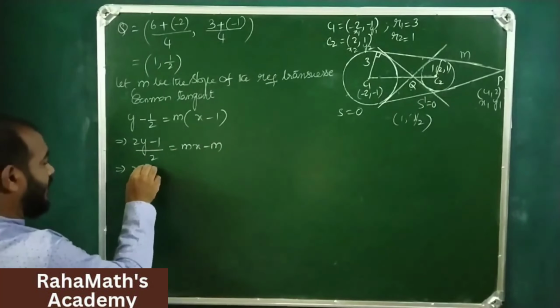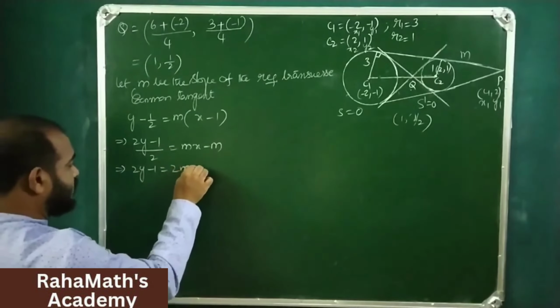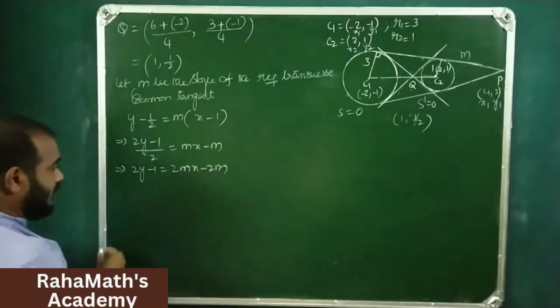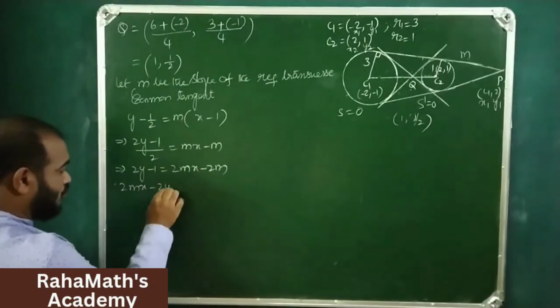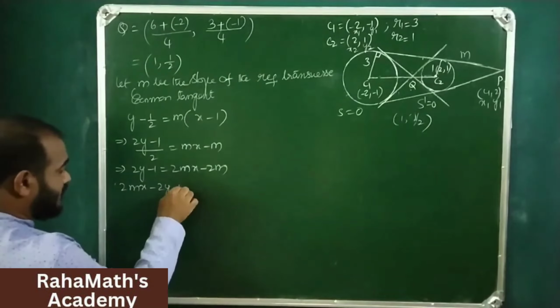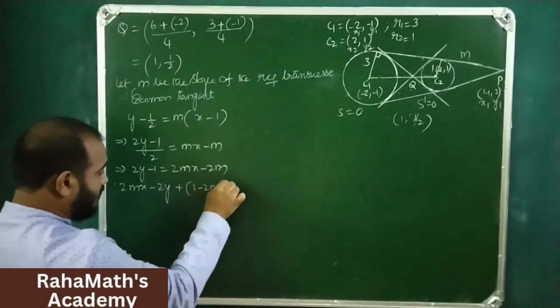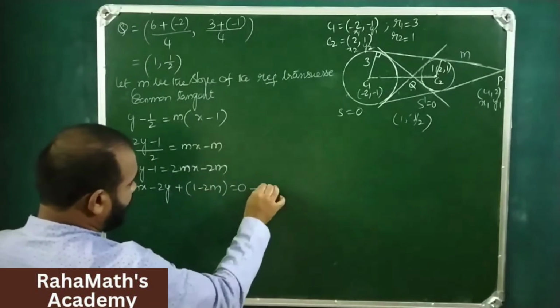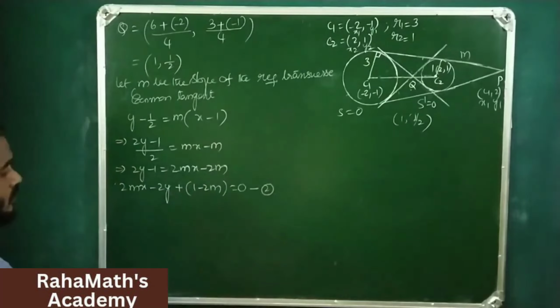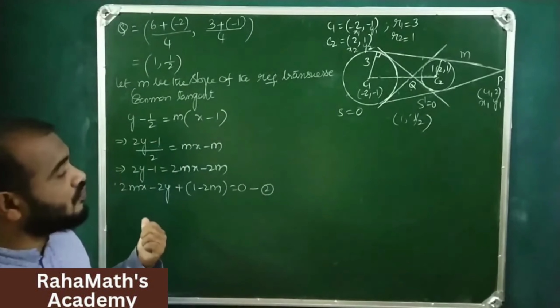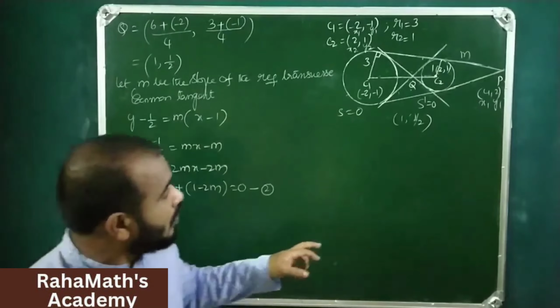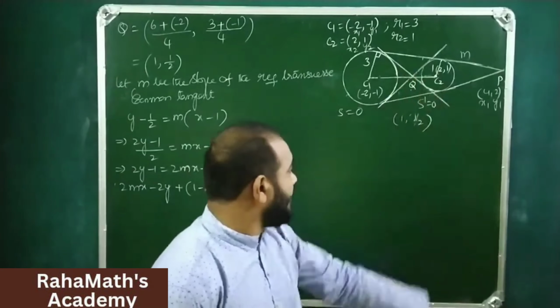So 2y minus 1 equals 2mx minus 2m. Therefore 2mx minus 2y plus 1 minus 2m equals 0. Let us suppose this is equation 2. So this is the required transverse common tangent, and this transverse common tangent touches both the circles.